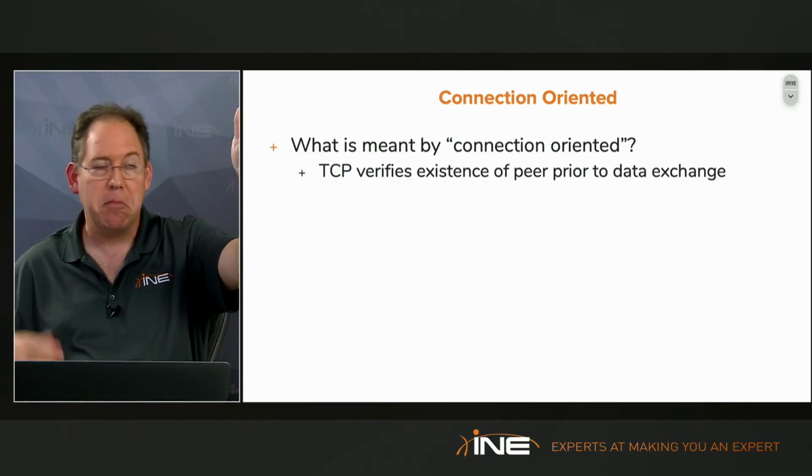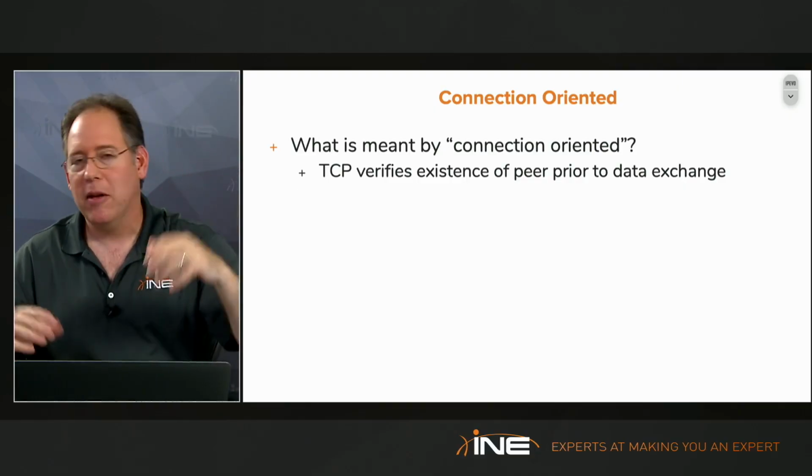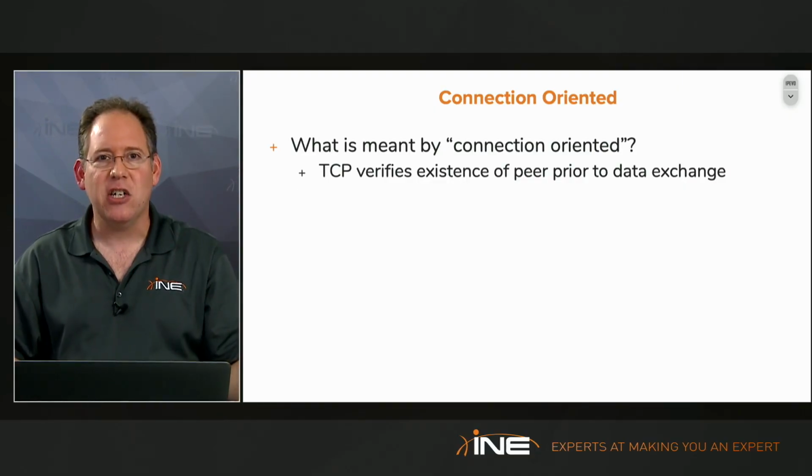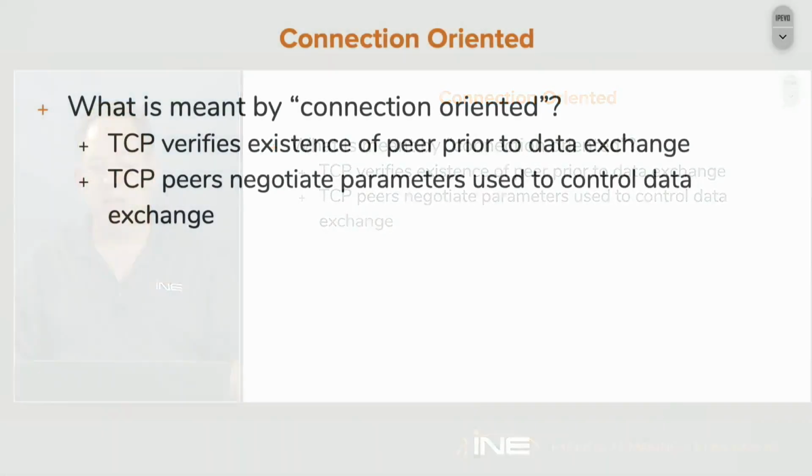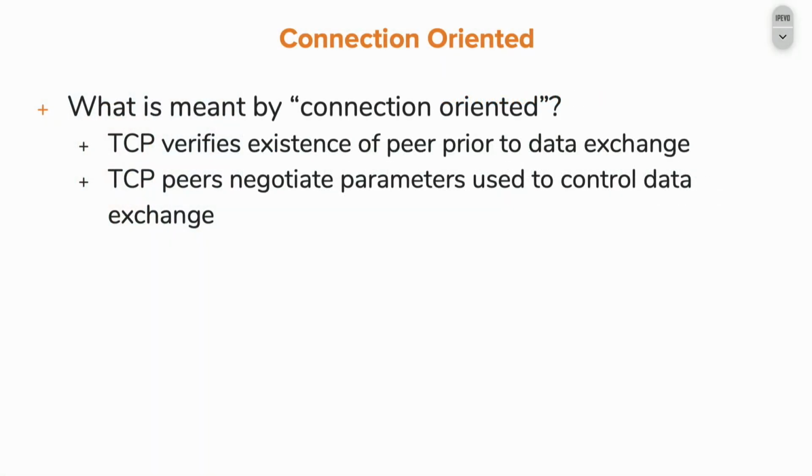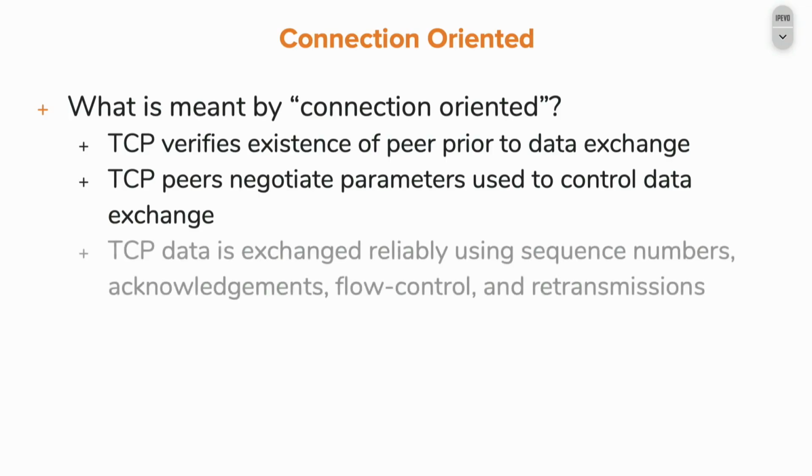Is the destination there? Maybe, maybe not. I don't care. TCP does a validation check first. It negotiates parameters with that destination to control the flow of data that's going back and forth. And TCP data is exchanged reliably using sequence numbers, acknowledgements, flow control, and retransmissions.